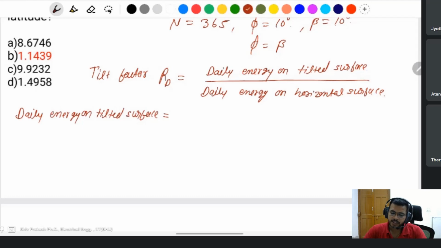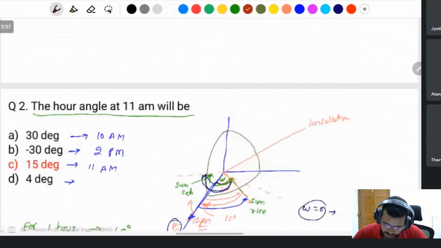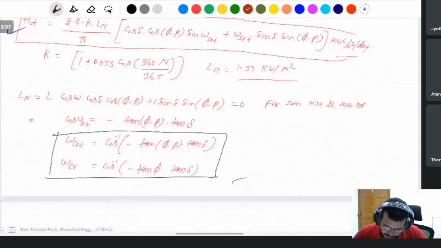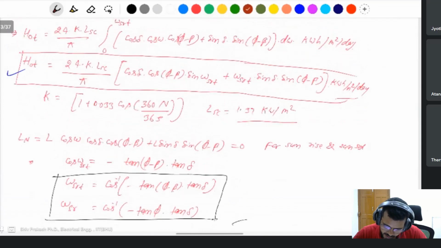Daily energy on the tilted surface you will define as follows.